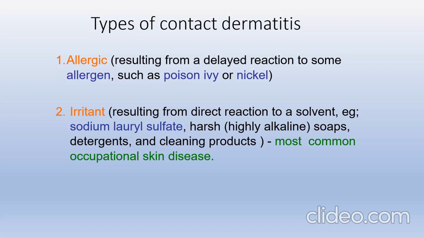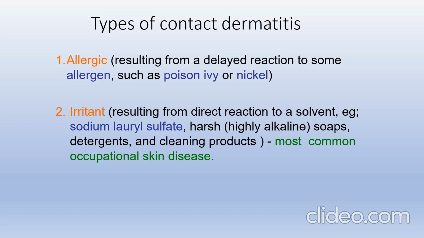So what is the difference between atopic and contact dermatitis? In both, allergy is common. But in atopic dermatitis, there should be a family history of atopy. So there are two types of contact dermatitis, allergic and irritant.